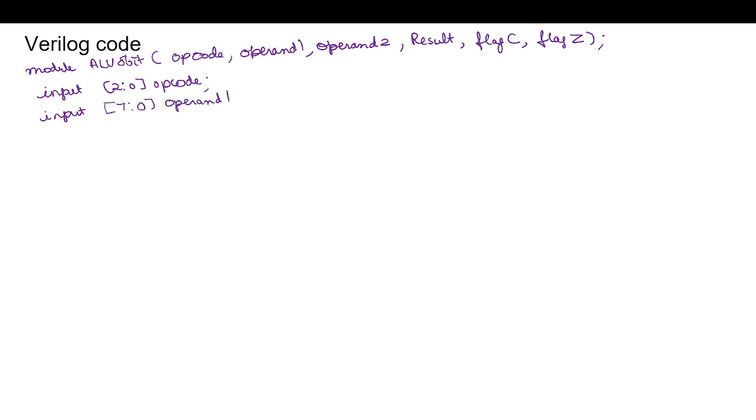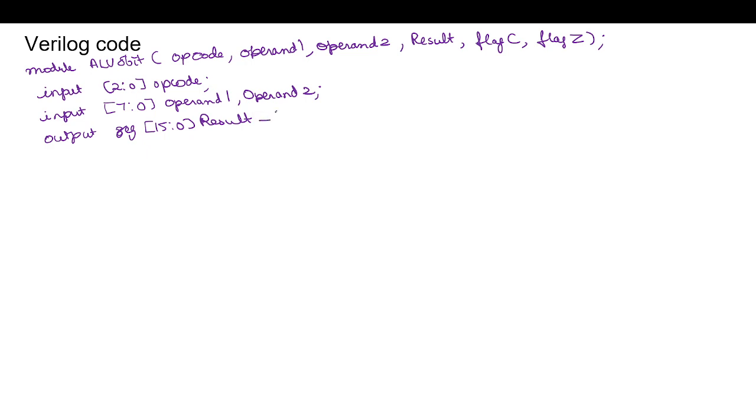And then result, which we already discussed. Output result is a 16-bit value and a register, reg 15 down to 0, result.